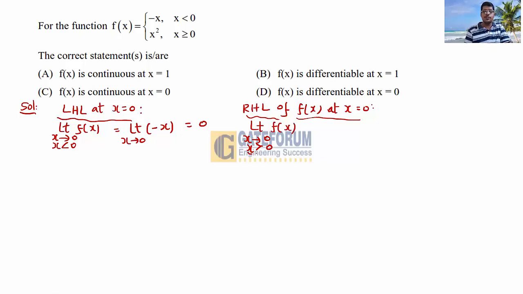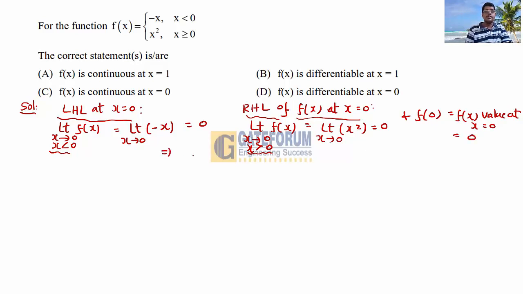When x is greater than 0, the corresponding f(x) is x square. So this is limit x tends to 0 of x square. Again, direct substitution, this is 0. And f of 0, that is the function value at x equal to 0, is nothing but 0 square, which is 0.